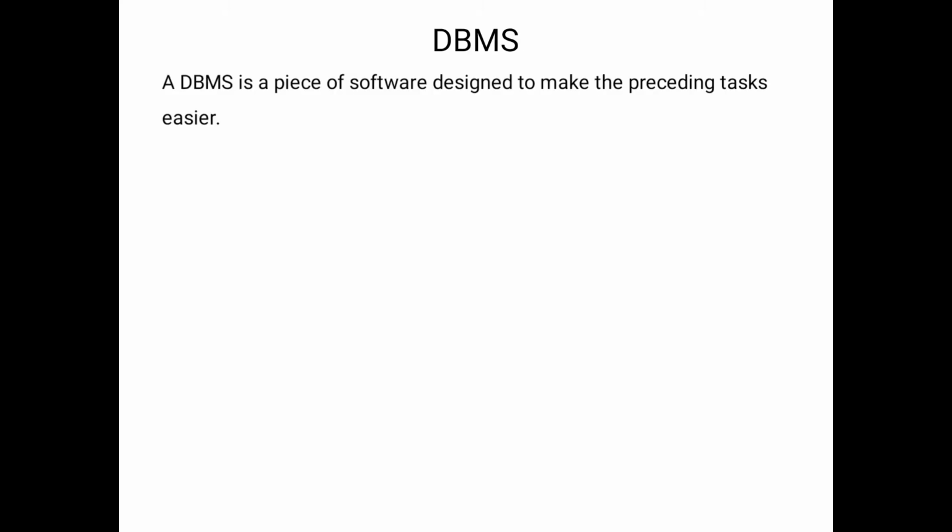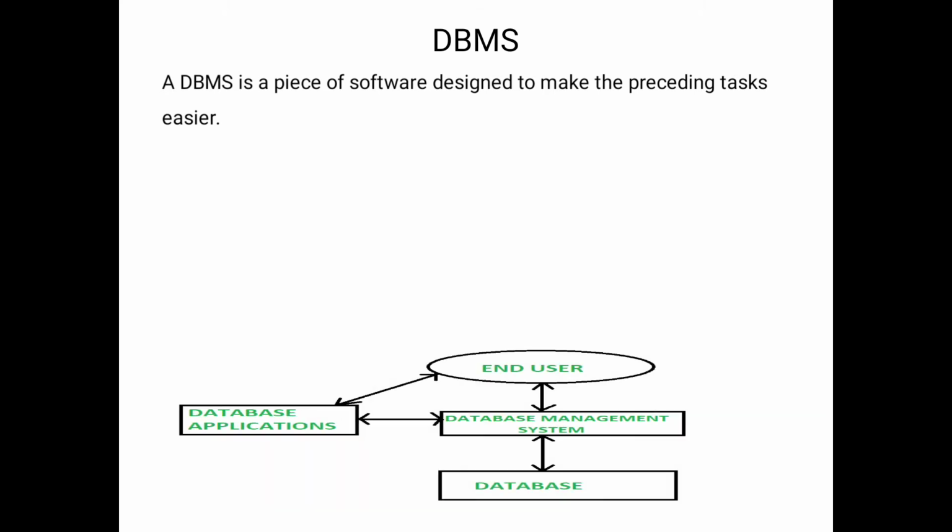So the DBMS, a DBMS is also a software. File system is also a software. So why are we using the DBMS? For managing the database. So here the database applications and end users are communicating with the database management system, and communicating with the database at a time is possible.